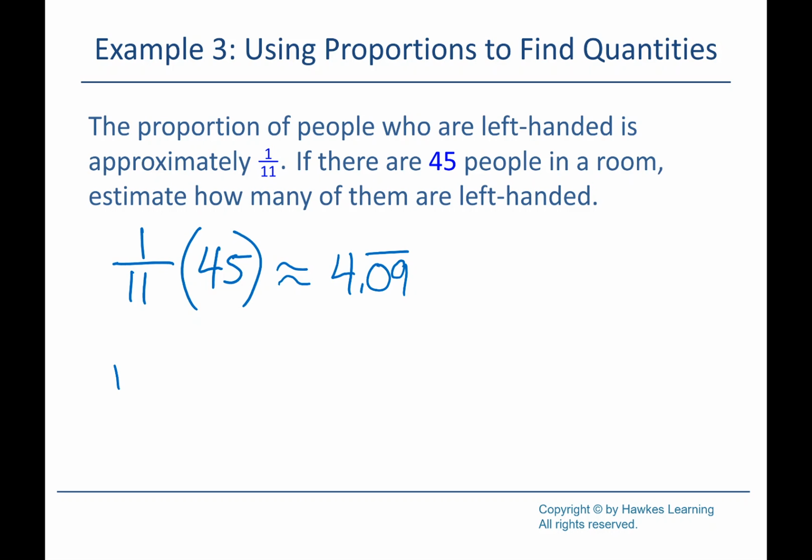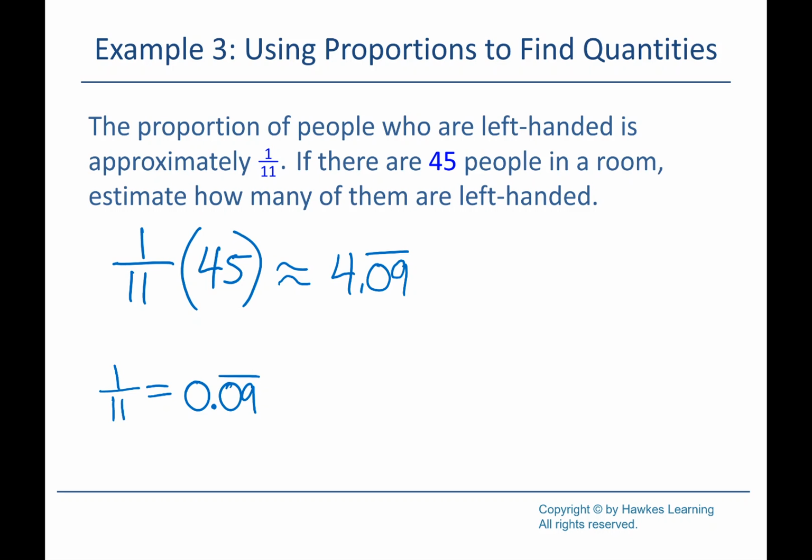And that happens here because if you do 1 divided by 11 as a decimal, 11's a kind of a weird denominator. You just get 0.090909090909. So if we had 45 people in a room, we could expect to have about 4 that were left-handed.